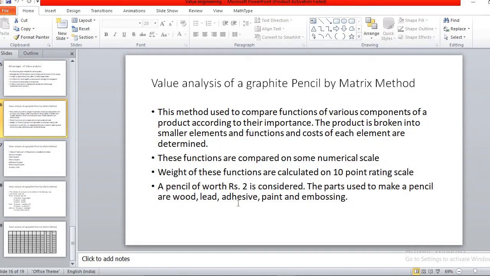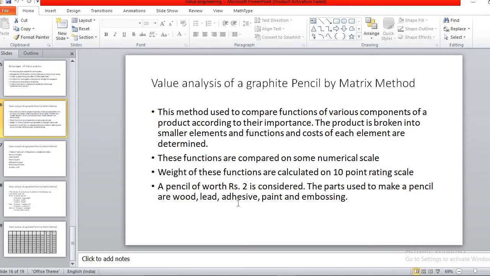So we consider one example of this value analysis. This is a graphite pencil, a simple graphite pencil that we consider for this value analysis. For the value analysis of the graphite pencil we use the matrix method.